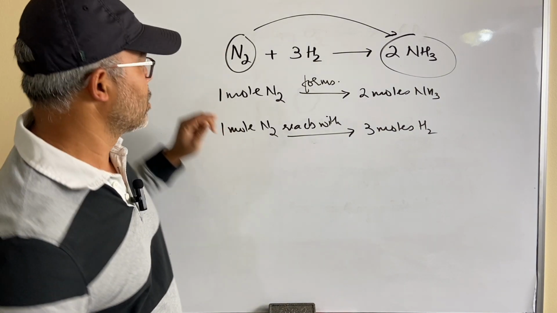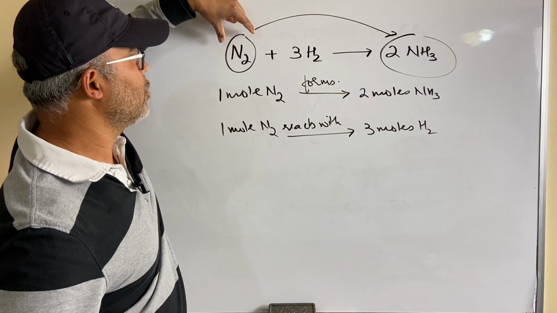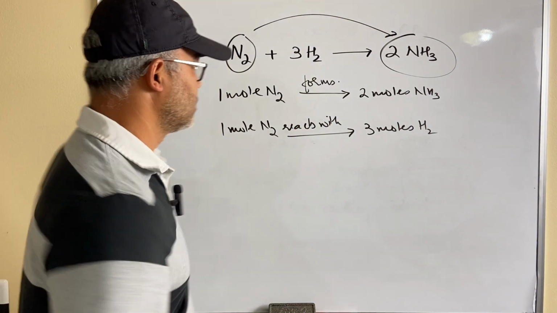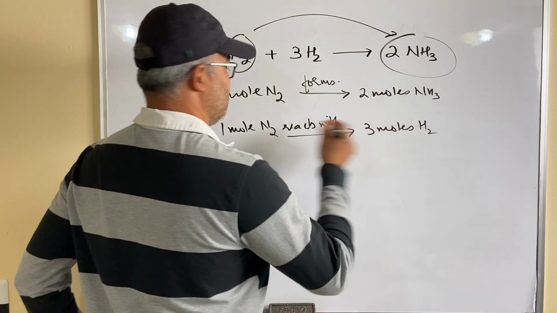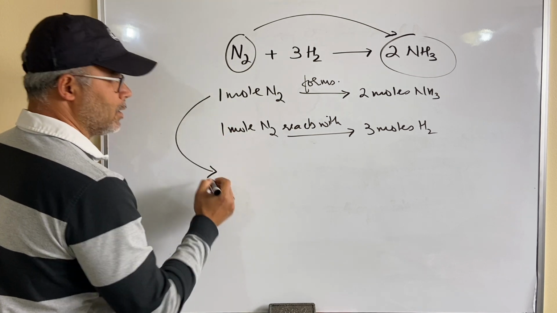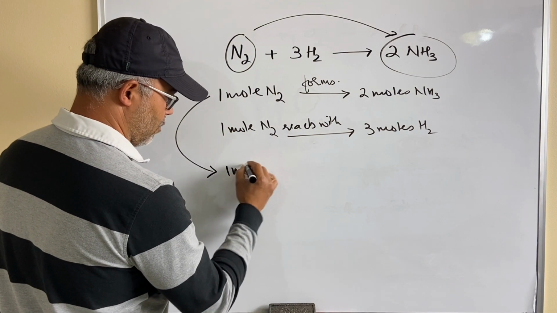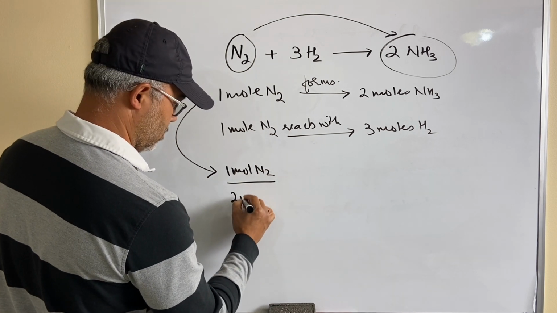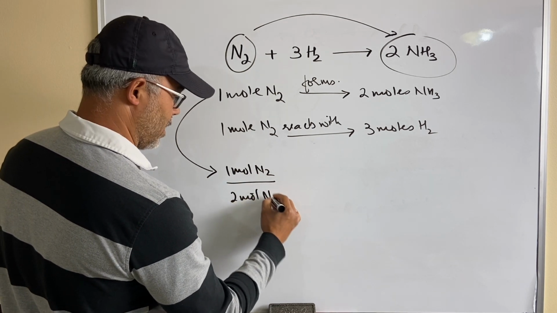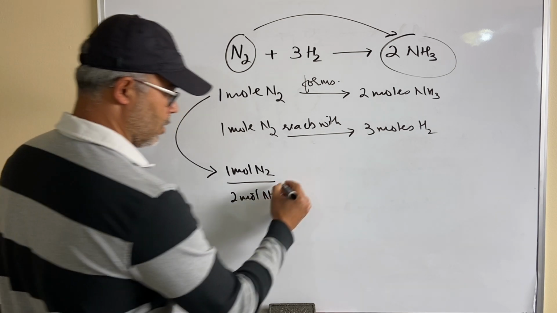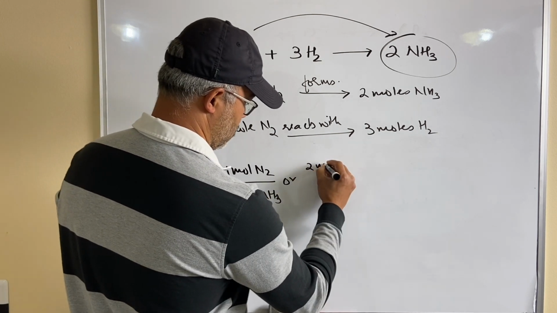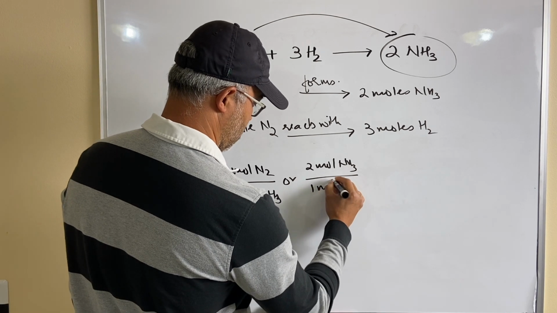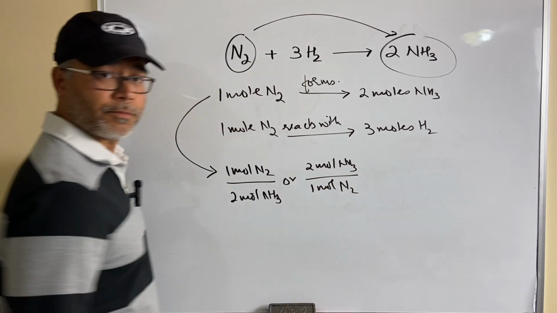So this is very crucial, because once you know that you can relate any 2 to each other, that becomes a conversion factor. What I mean by that is, see the first one out here, that could become a conversion factor 1 mole of N2 over 2 moles of NH3, or it could be 2 moles of NH3 over 1 mole of N2, right?